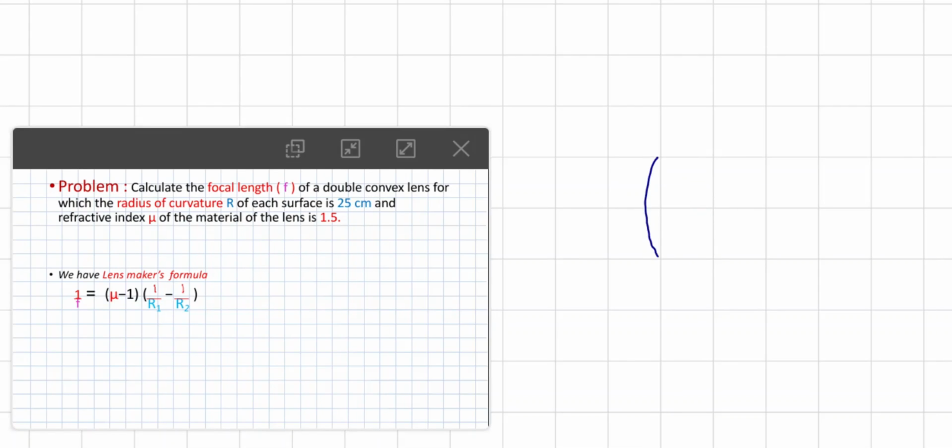This is the first surface, which is convex, and the other surface is also convex. This is surface 1 and this is surface 2. For surface 1 the radius is r1, and for surface 2 the radius is, let us consider, r2.